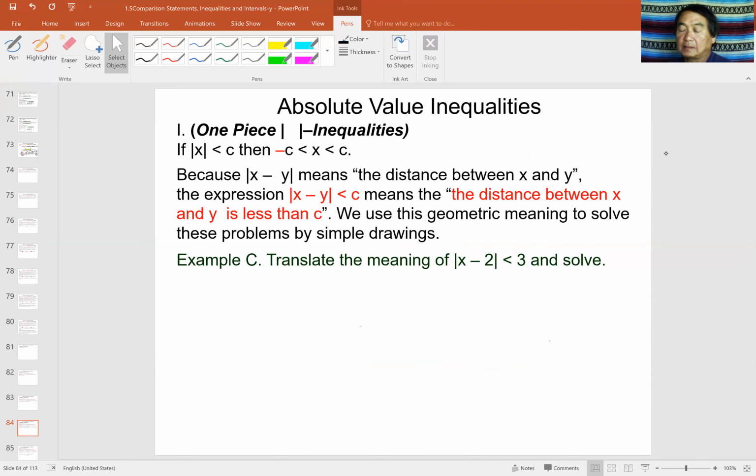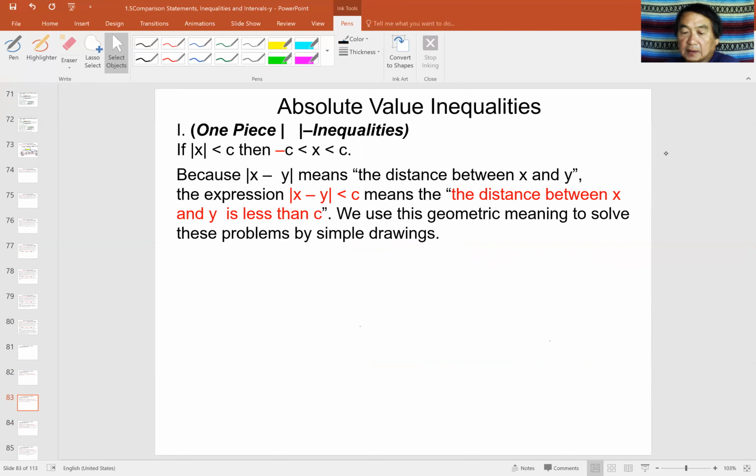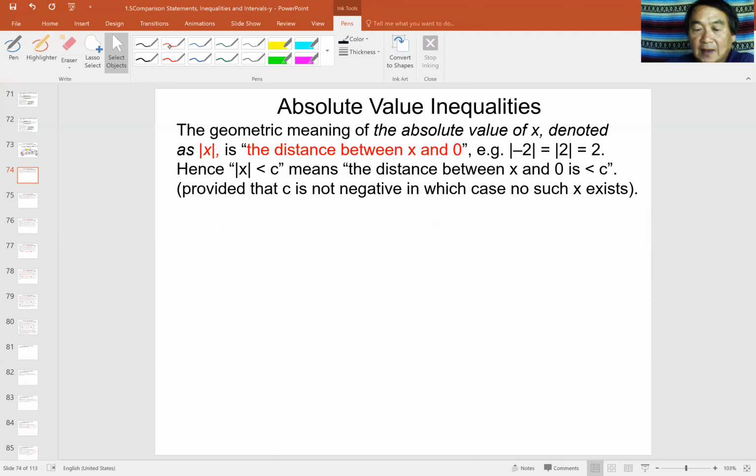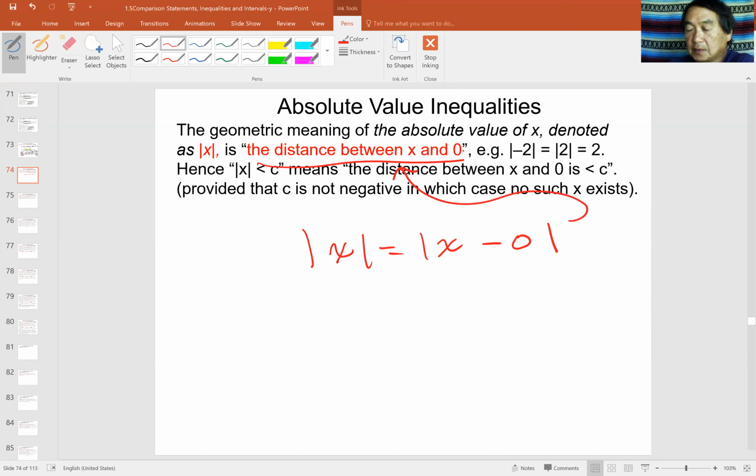In particular, the absolute value of x is the absolute value of x minus 0. So it's also the distance between x and 0. And so from here, we will interpret absolute value as distance.